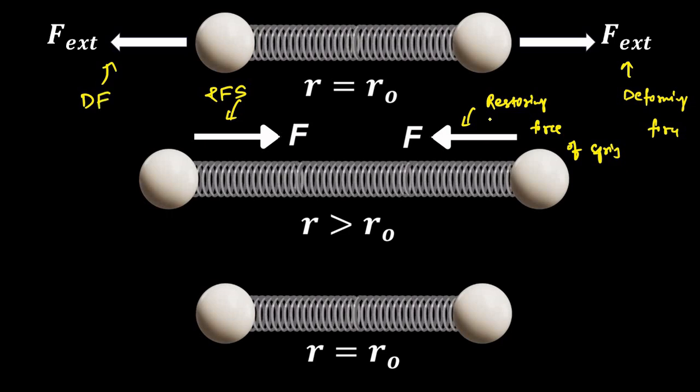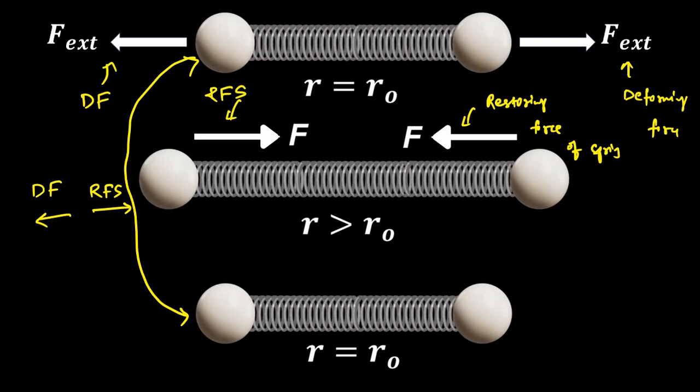The deforming force and the restoring force are always in opposite directions, and the initial and final positions are the same. So this is when the spring is stretched, that is, the two atoms move away from each other, and the interatomic separation is greater than the equilibrium separation.